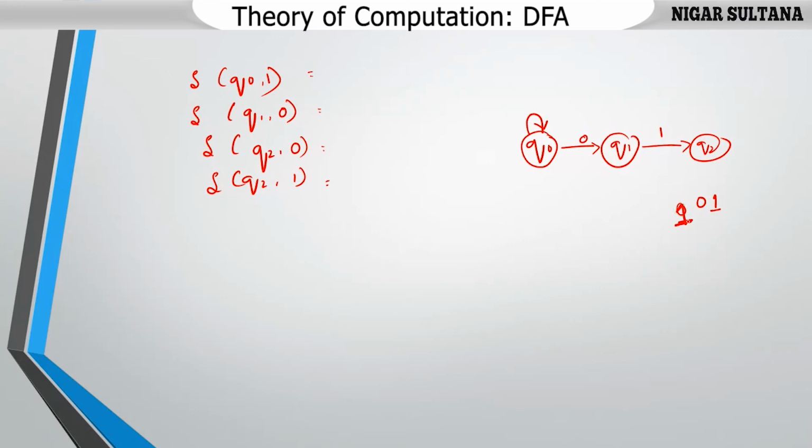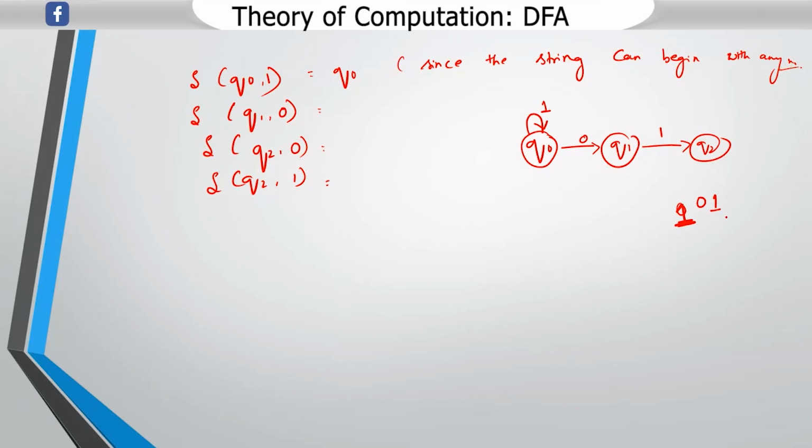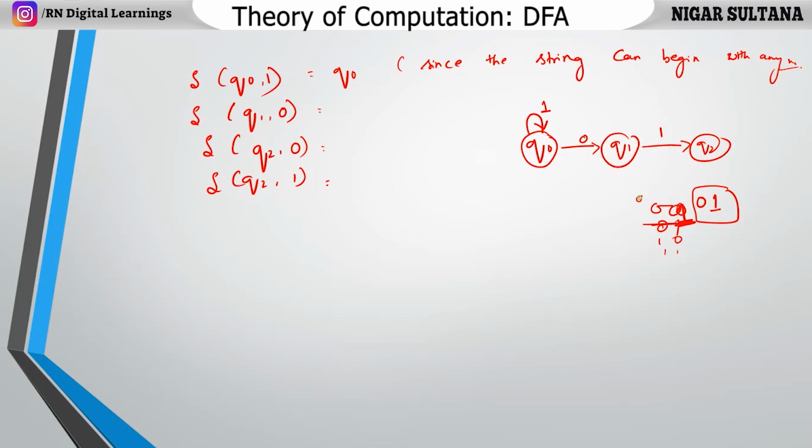So, if we want to give 1, now it must move to the same state, since the string can begin with any number. See, the condition is it must end with 0 1. Starting it can be anything, like 0 0 or 0 1 1 0 1 1 or 0 or anything. So, hence we have given 1 to the same state.